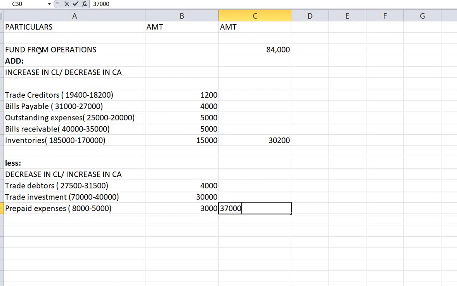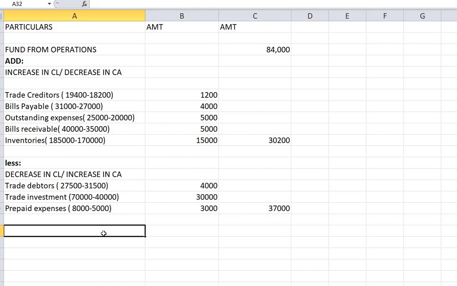Now what you have to do, from fund from operation, add this amount, and from that you are subtracting this amount, where you will get cash from operation. So if it's a positive figure, it's cash inflow. If it's a negative figure, it's cash outflow. So just write cash from operation. Let's hope it is a positive figure. Okay. So 84,000, okay, plus 30,200.